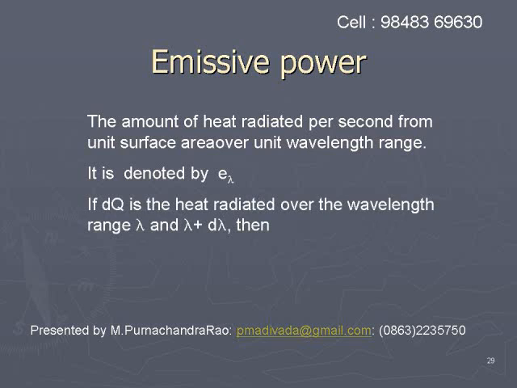If dq is the heat energy emitted in the wavelength range lambda to lambda plus d lambda, then emissive power is given by E lambda equals dq by d lambda.